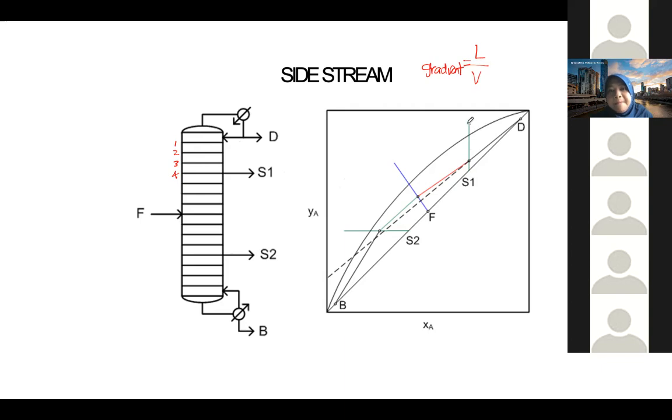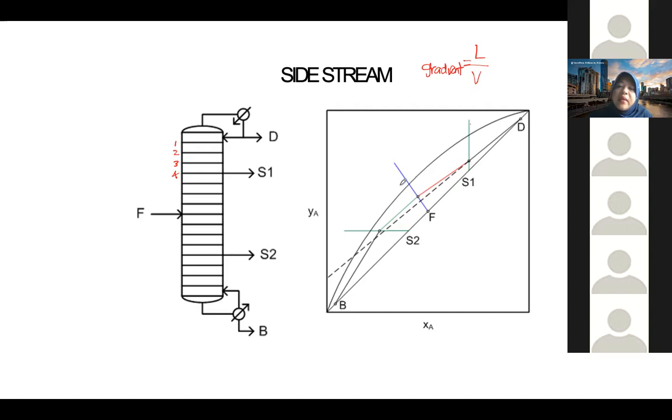Fasanya vapor or liquid? Liquid, ma'am. Yeah, so then we draw the liquid. So that means for example here we only withdraw 0.2, then it becomes 0.1. Okay, then we can construct a new gradient there.